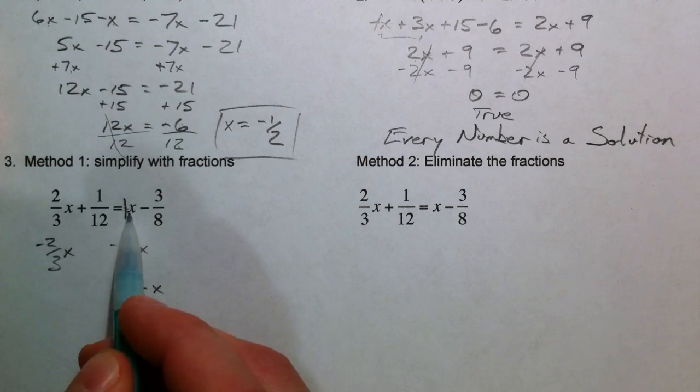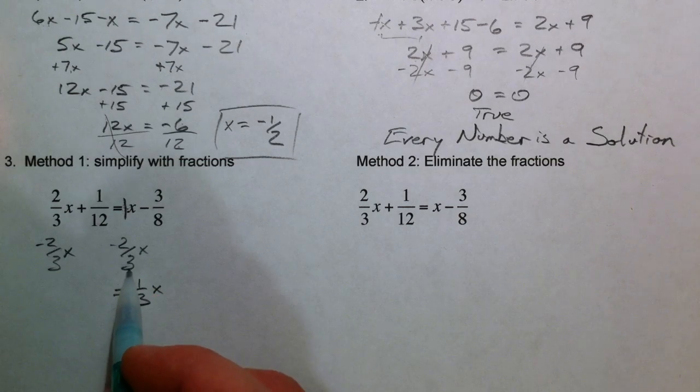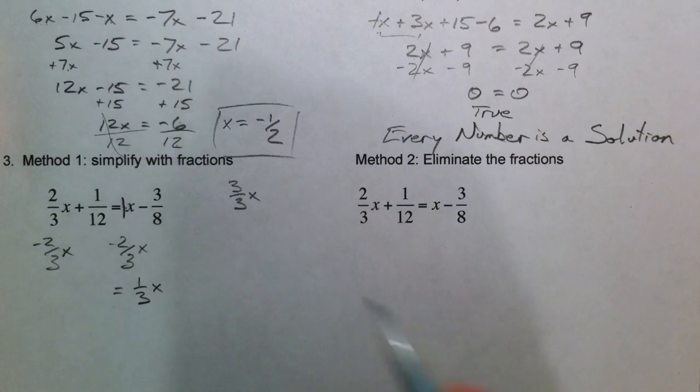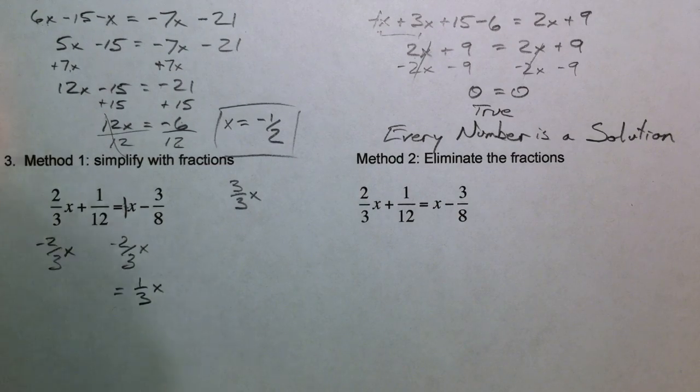Because remember that 1, if I change it to a common denominator of 3, is really 3/3 x. But most of you guys are pretty good with doing, okay, well 1 minus 2/3 leaves a third.